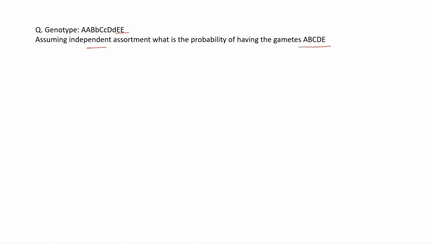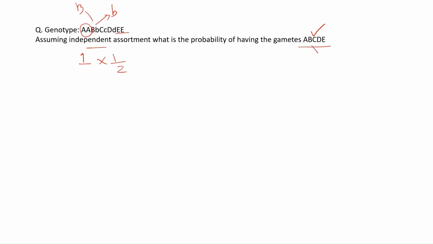Now take one gene, because one gene is responsible for one character. So from capital A, we'll get only one type of gamete. But from capital B, small b, we will get two varieties of gamete. So in the result, we are having capital B: 1 out of 2 outcomes, because we can get capital B as a gamete and small b as a gamete.